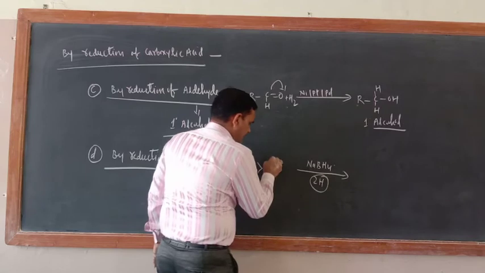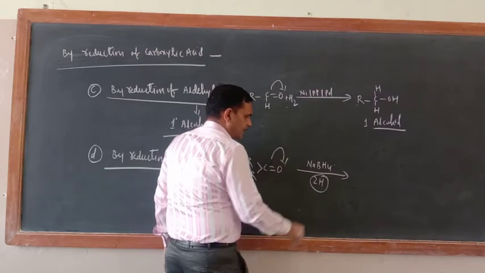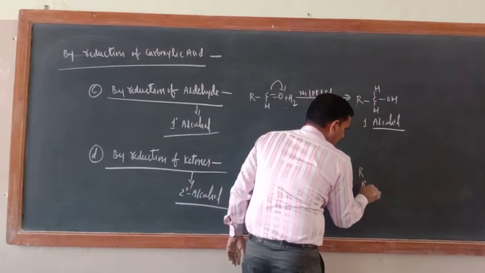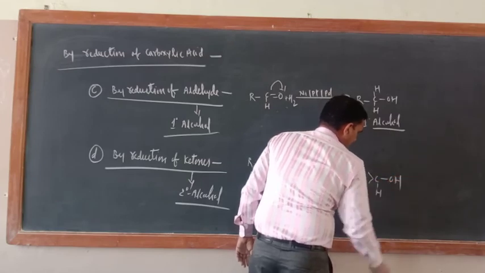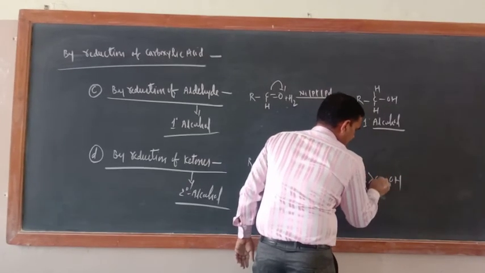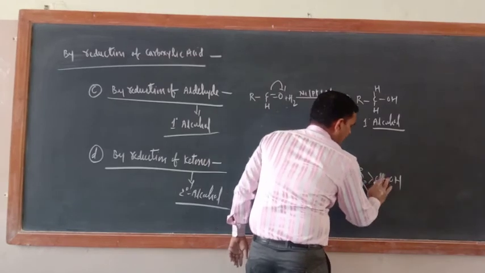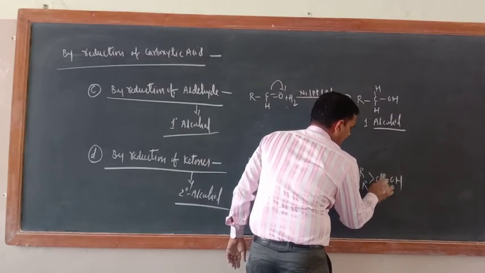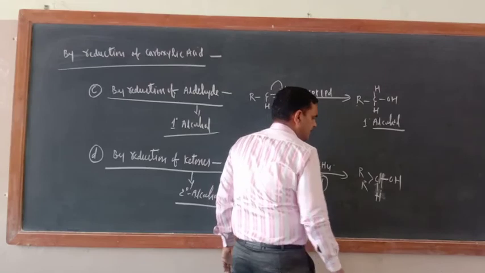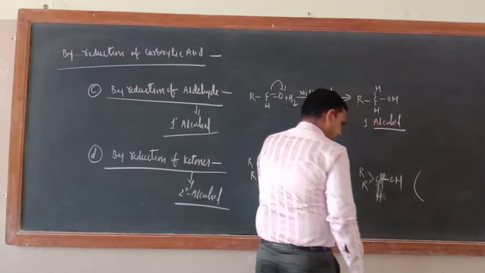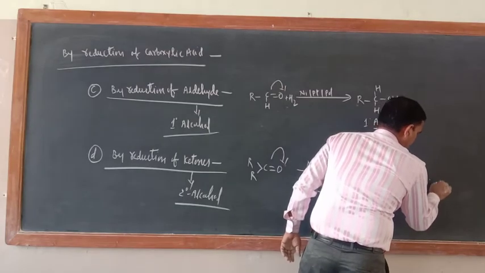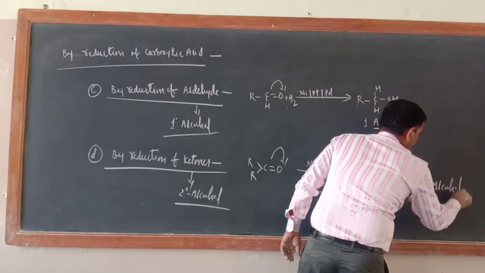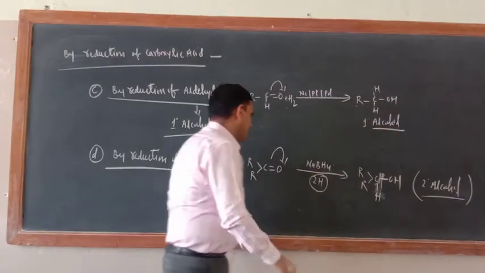Shift this one here. So now here RCH and here OH, CHOH, or you can write here H, no problem at all. So what is this one? This is 2 degree alcohol. No problem at all.